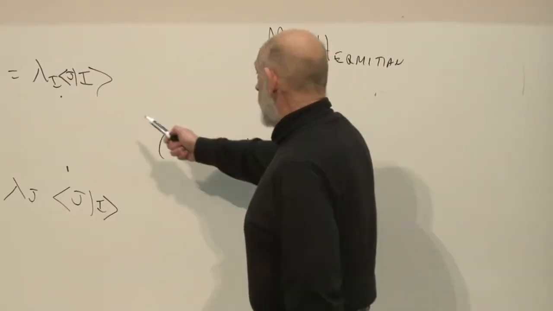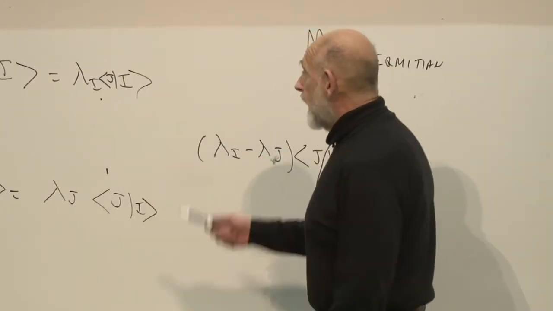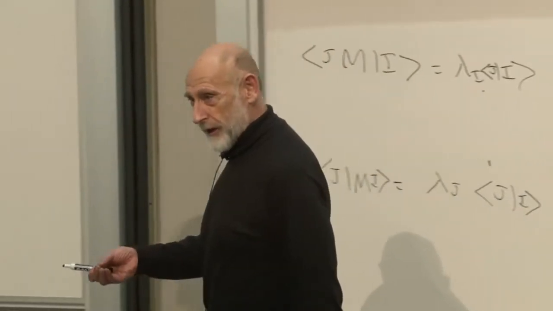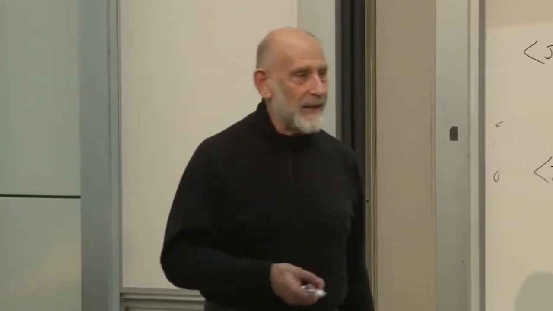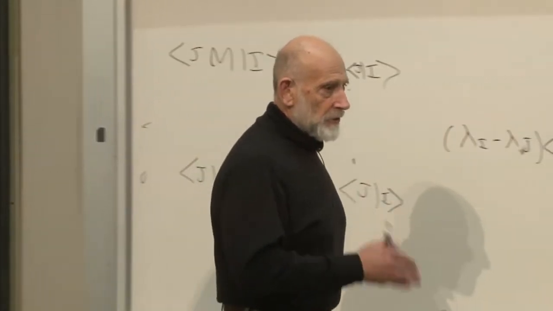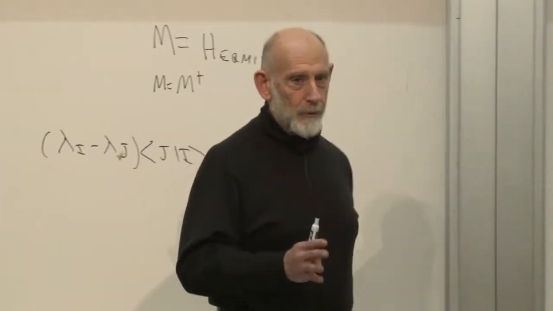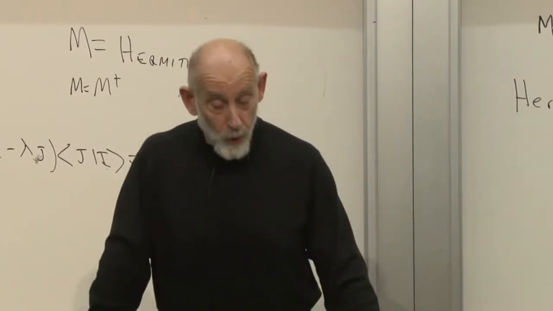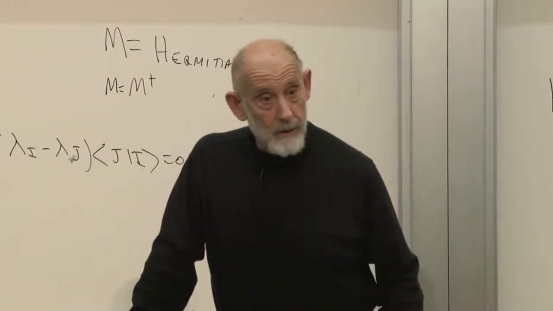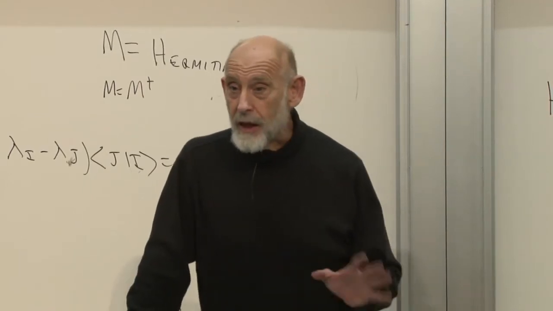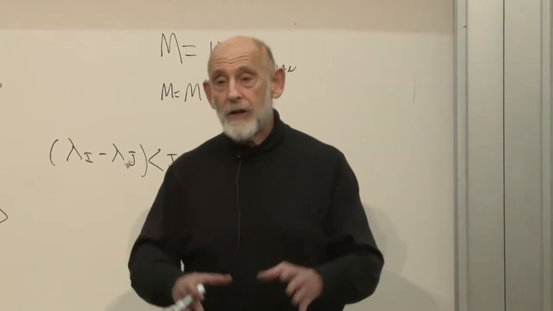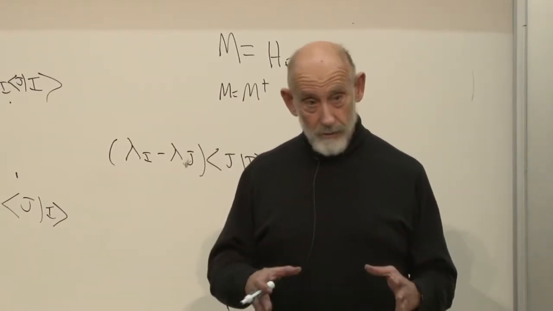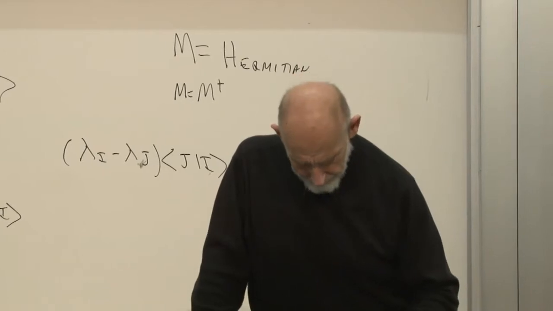In other words, this collection of things called I and J here is a special case of the kind of basis which we labeled with small I and J, but it's the basis of eigenvectors of the Hermitian operator. As I said, Hermitian operators will be identified with observable quantities, and to say that eigenvectors are orthogonal has something or other to do with physical differences that are measurable unambiguously between those states of the system.